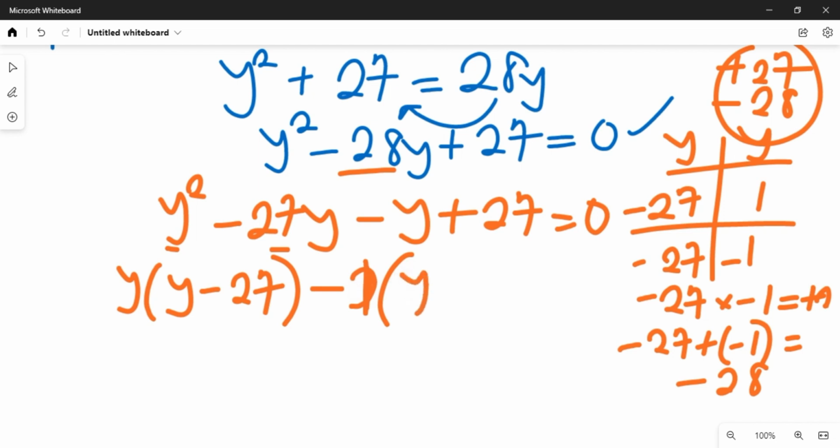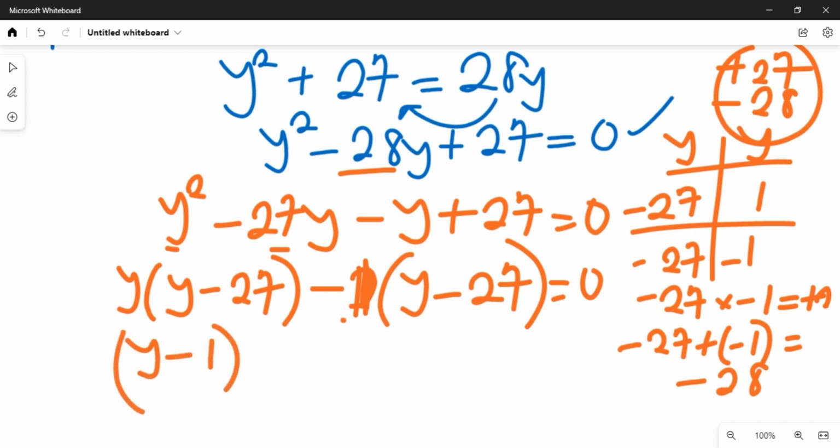Inside we'll have our y and minus 27. And this will be equal to 0. So we'll have one common term here, our y minus 1, which is the external values, and then we'll have our 1 minus 27, which is the common terms. Both will be equal to 0.